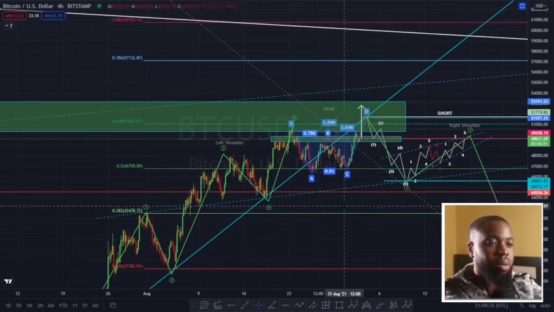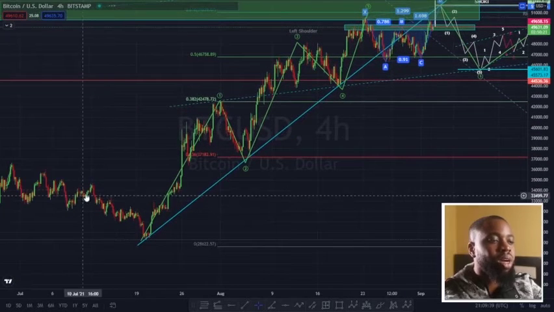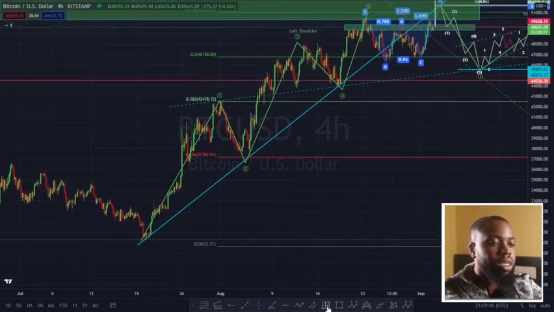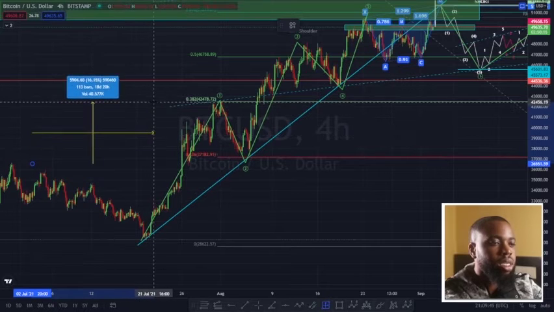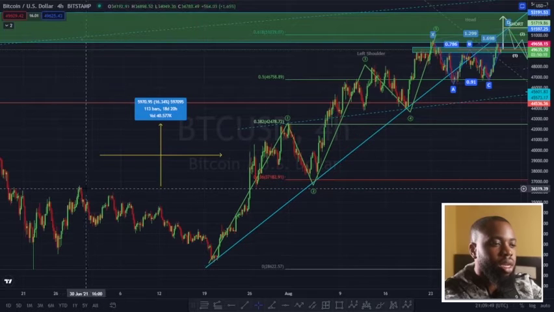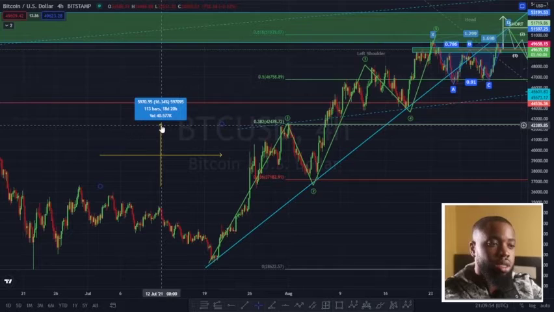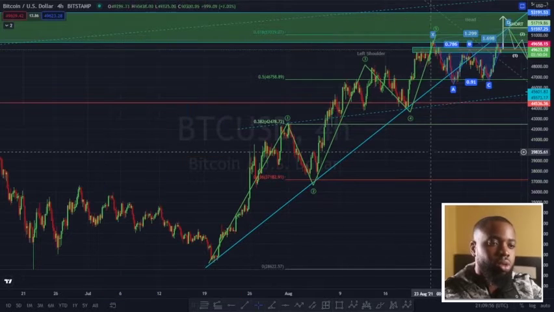So just have that in mind. We could see that diminishing returns, even right from here, we had from this high 16%, right? From this high right here, we had 16%. So it kept reducing. So that's what I mean by diminishing return. So keep that in mind.